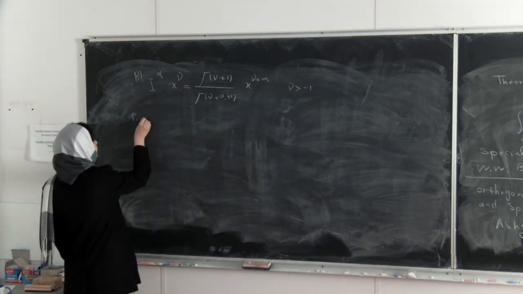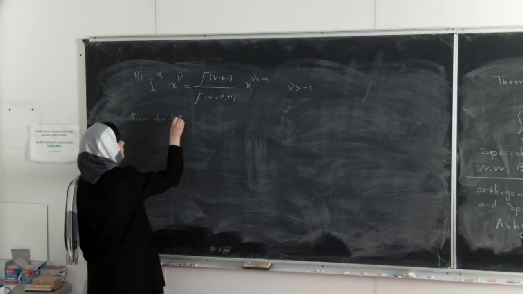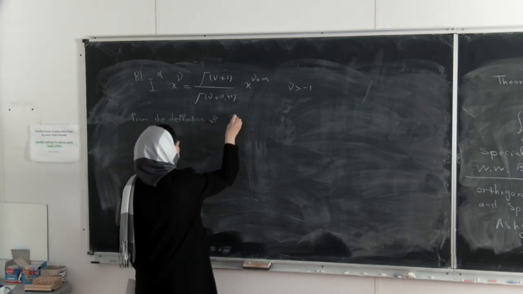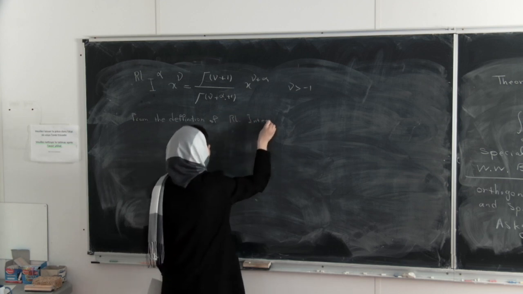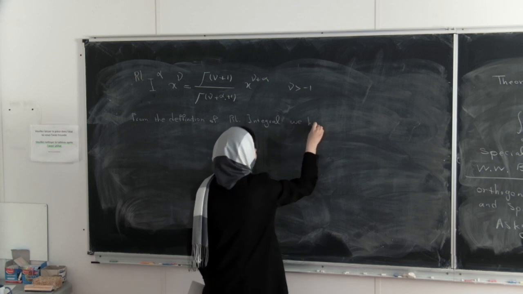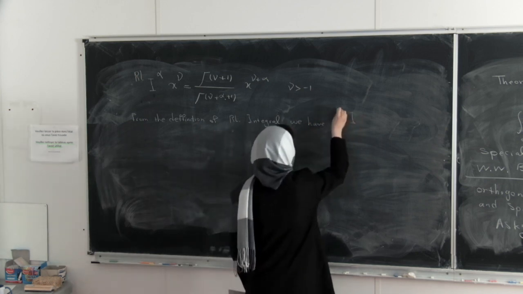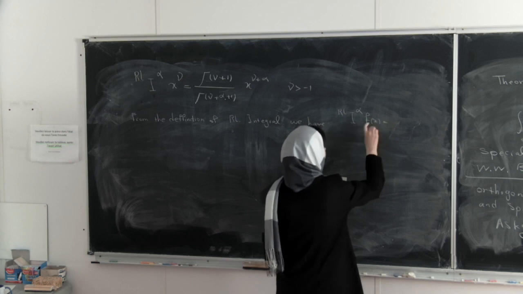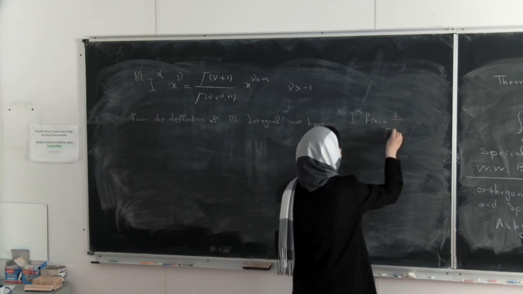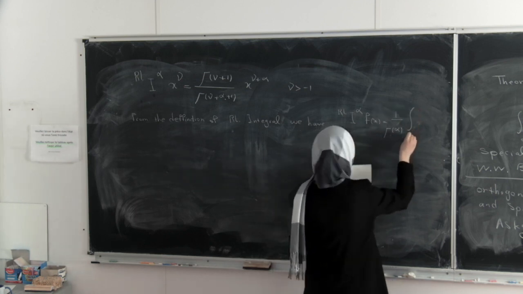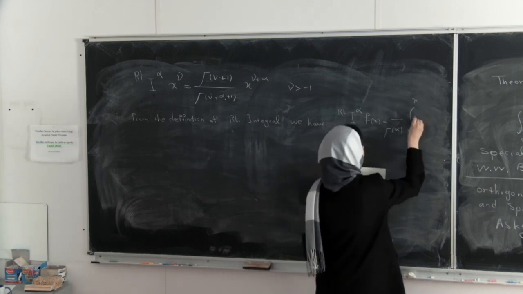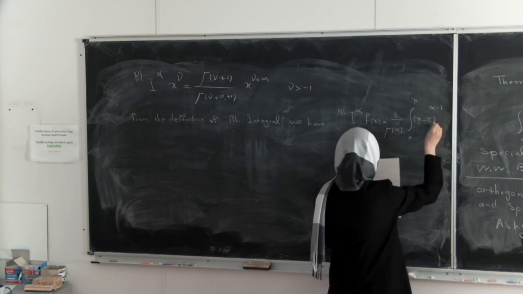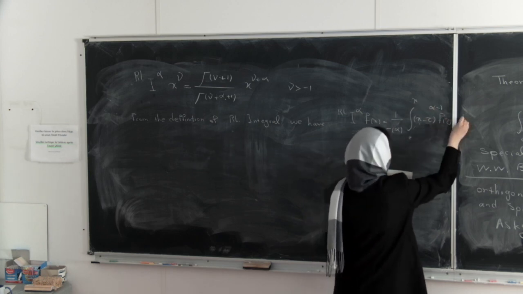From the definition of the Riemann-Liouville integral, we know that the Riemann-Liouville integral of order alpha of function f(x) can be obtained from this formula: 1 divided by gamma of alpha, integral 0 to x, (x minus tau) to the alpha minus 1, f of tau d tau.